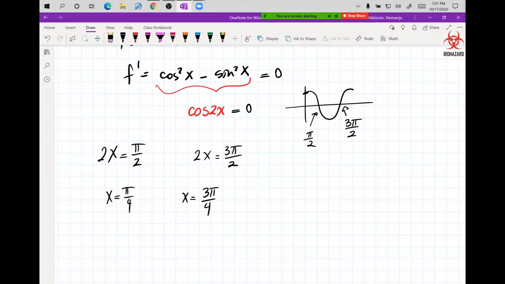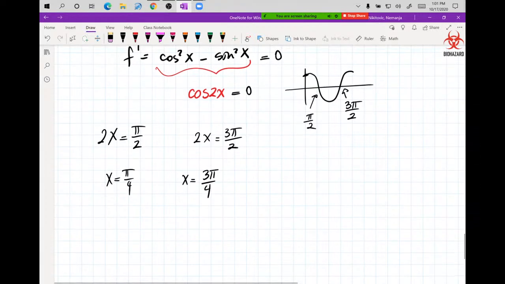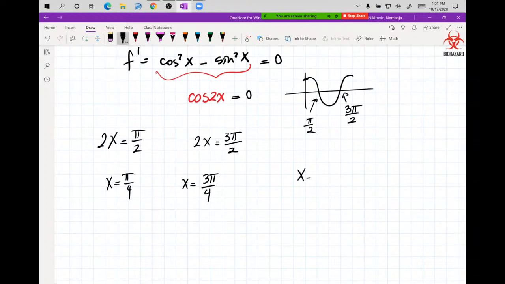So the period is pi. So you can quickly come up with x equals pi over 4 plus n pi, and x equals 3 pi over 4 plus n pi, to have all of the infinity of critical points.